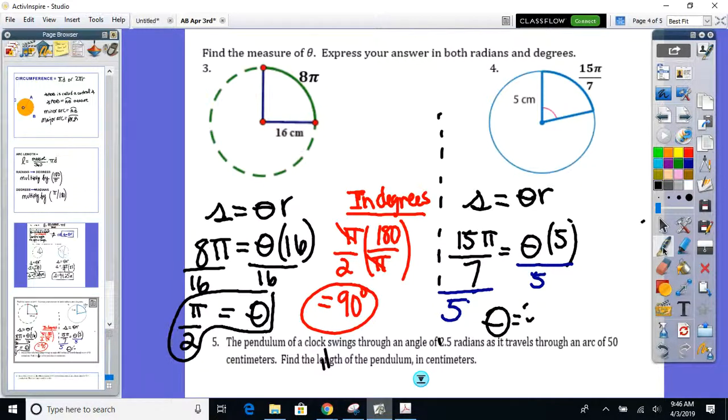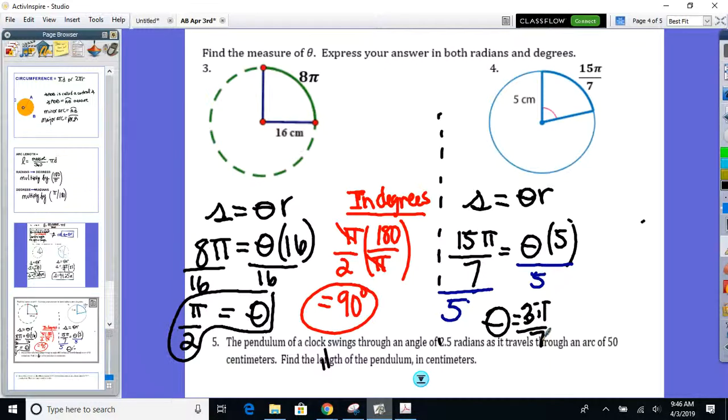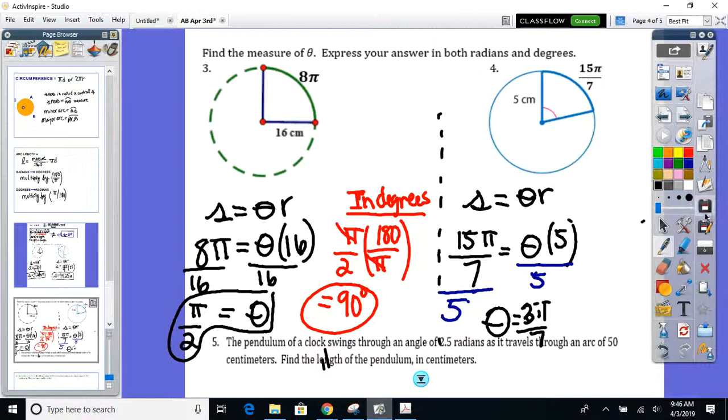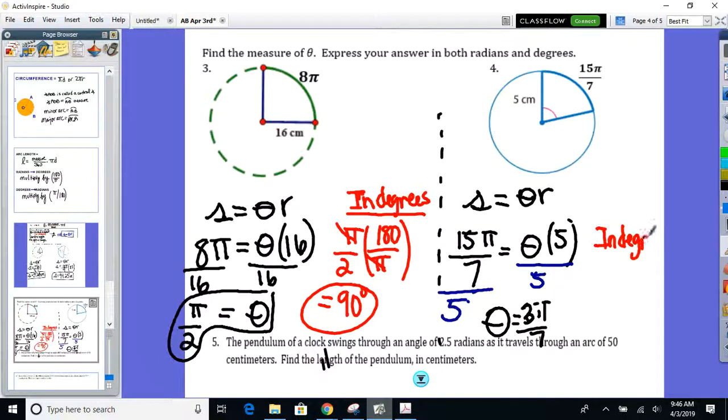Yep. You guys go ahead. You convert. I'm not going to hold your hand on this one. Convert it into degrees. And go nearest tenth on here for me because it's not going to be pretty.